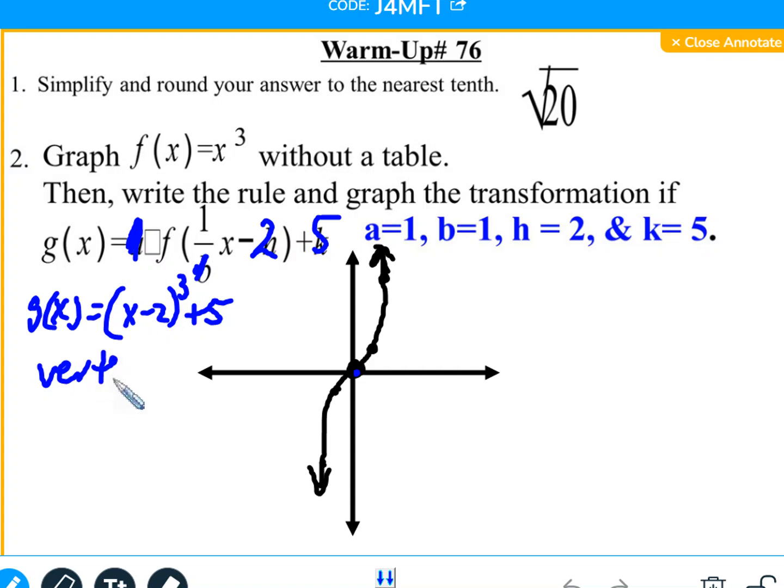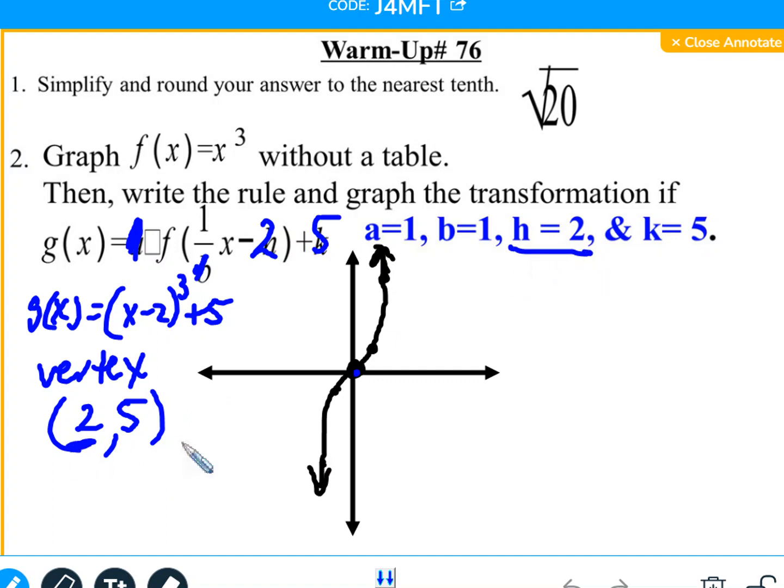What's our new vertex? Sorry, neighbor, please, so I can call on Diego. What's our new vertex? All right, Diego Romo, new vertex. Yeah, 2, 5. And I don't know if you guys have seen from last week to now, we continue using the vertex, or in other words, the x value, now it's an h.